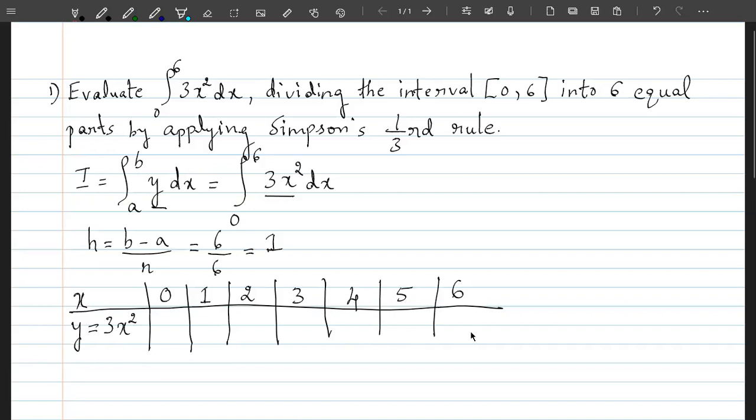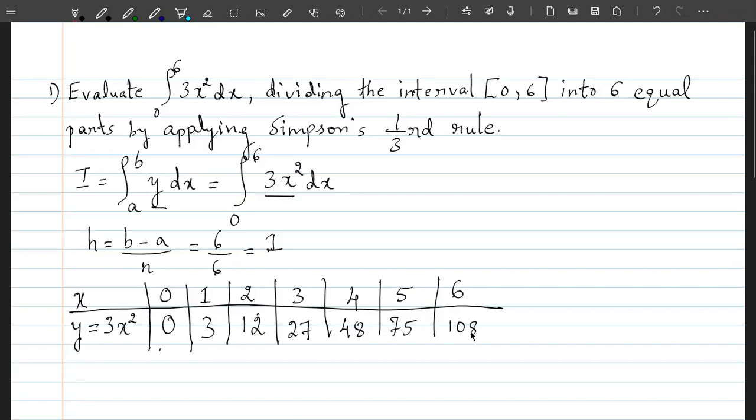When x is equal to 0, what should be the value of y? 3 into 0 square, which is 0. The next value is 3 into 1, which is 3. Similarly, the next is 3 into 2 square, that is 3 into 4, so you get 12. Then you have 27, 48, 75. And the last value here is 108.